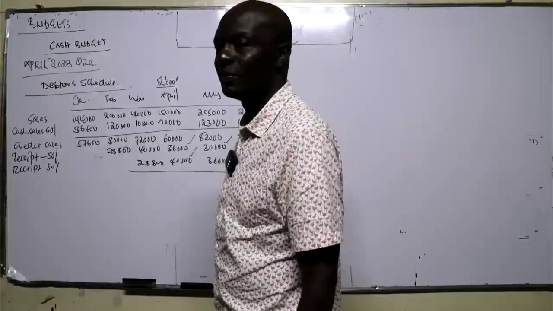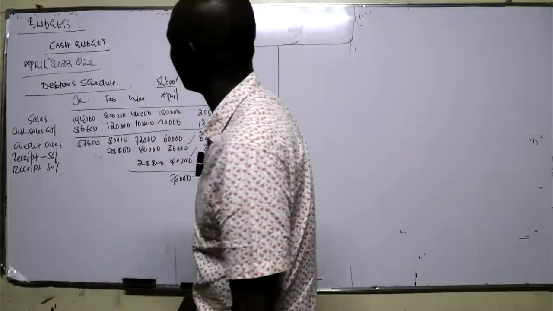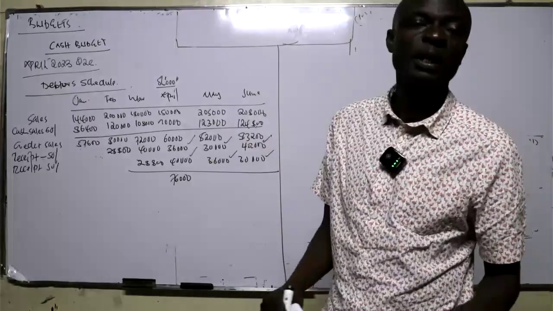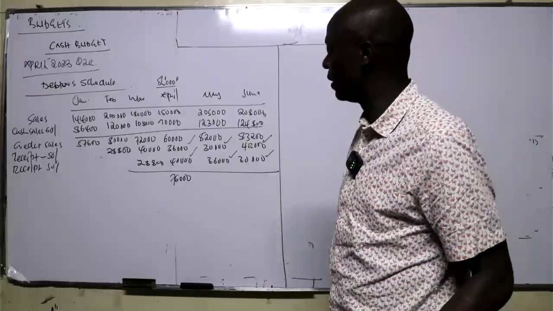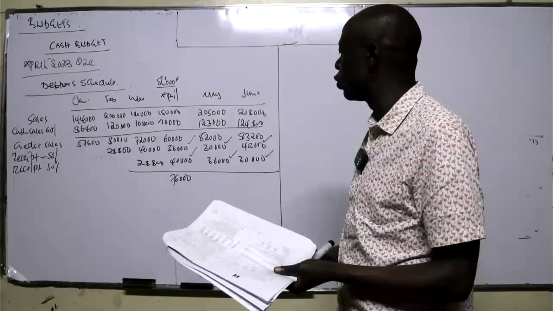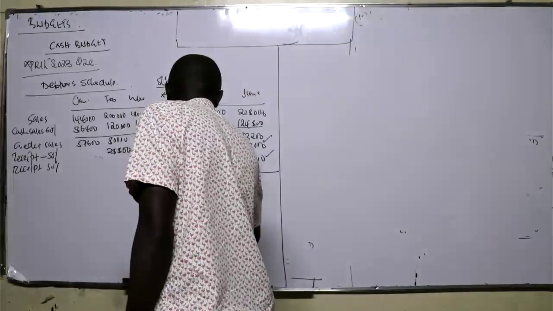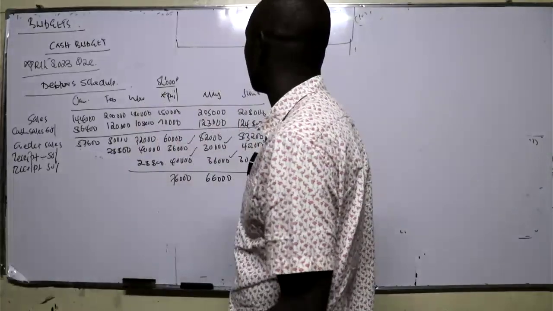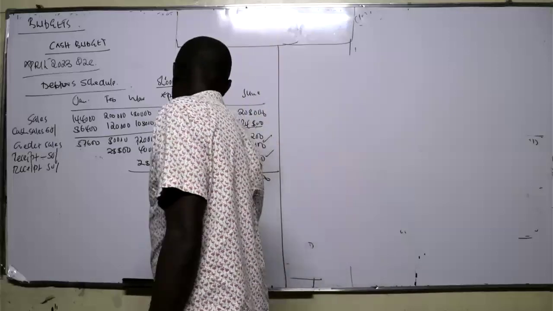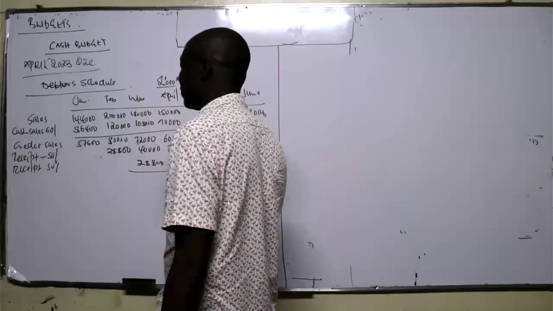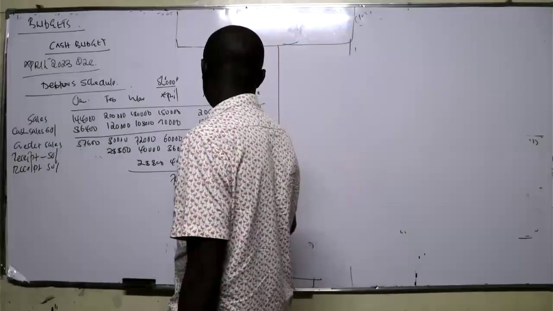That is the amount we are going to receive from the debtors in April, the beginning of the budget period. In May, they're going to receive how much? 66,000. And then in June, how much are they going to receive? 70? 42 plus that is 72. Oh, this is 41. So this one is how much?